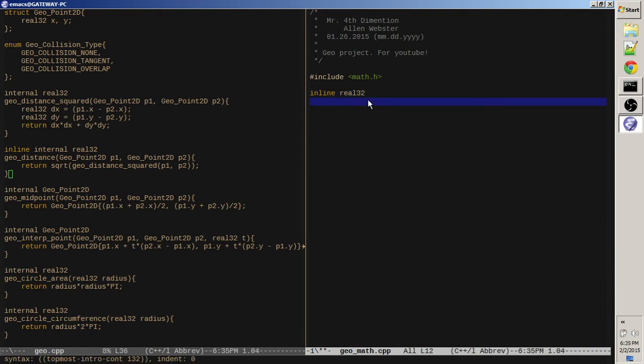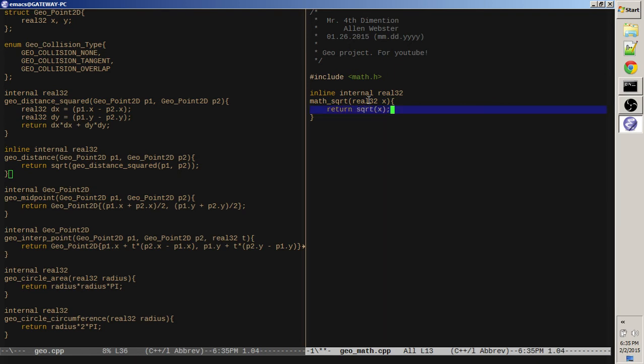This will be math square root inline. I'm not sure if we need inline and internal at the same time. Maybe we don't, but I'm going to keep it because I'm not sure. Math square root real 32 x, and then it's just going to be the square root of x for now.